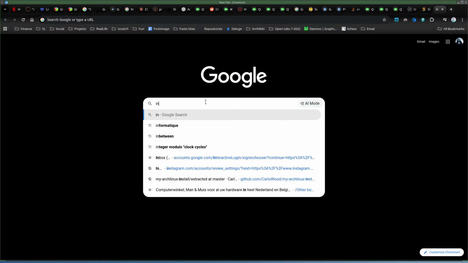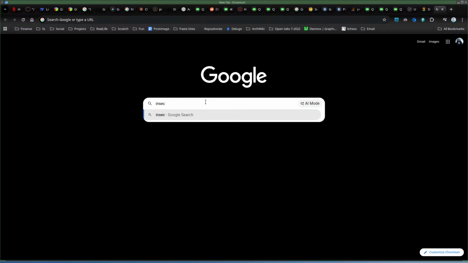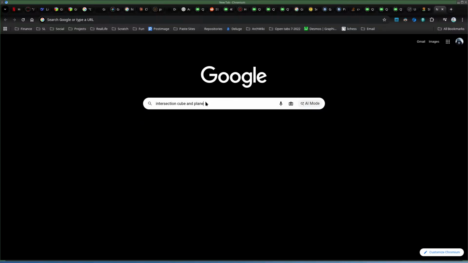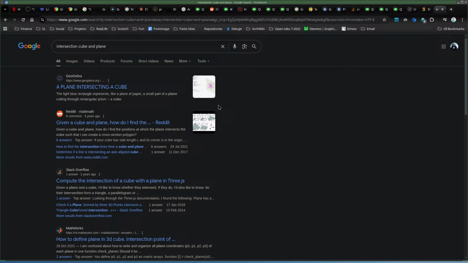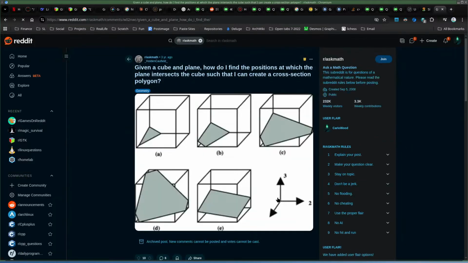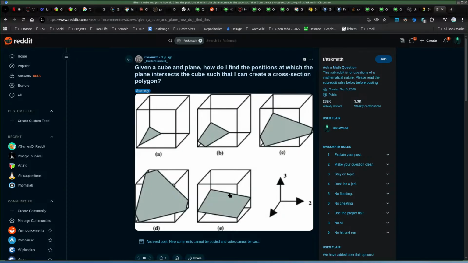So, intersection. Yeah, let's use a cube indeed. Cube and plane. So here's an example: 1, 2, 3, 4, 5, 6. So it runs from 0, and then of course 1 if you just cut the corner, and you want to ignore that.